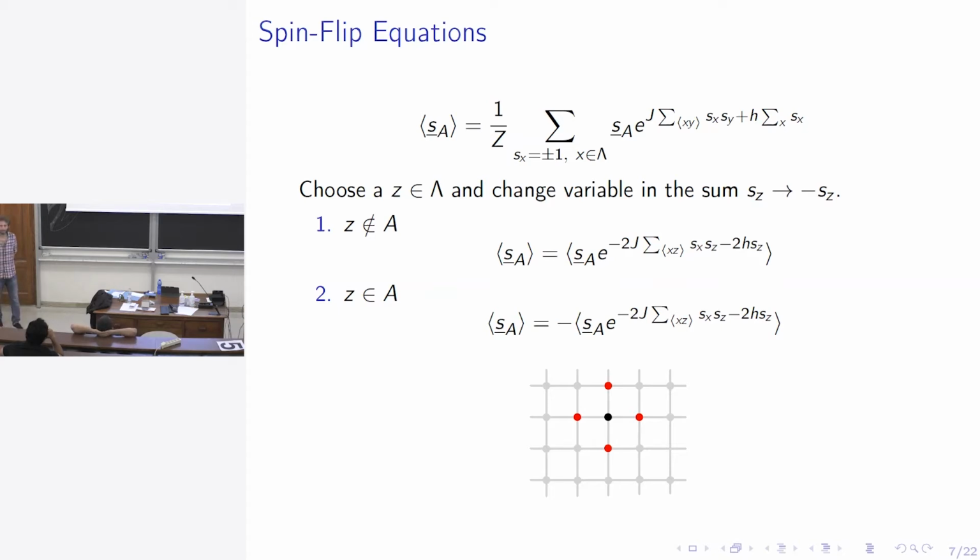One interesting concept of this construction is the existence of null operators. Yes, even at this level, flipping the spin basically means inserting e to the minus 2J times the 4 neighboring spins.